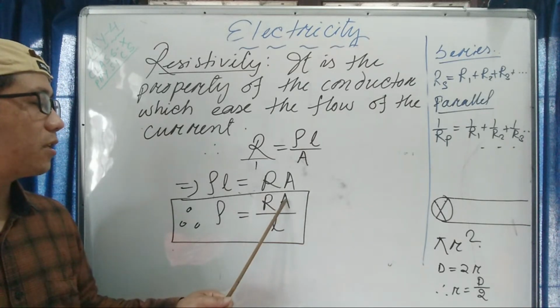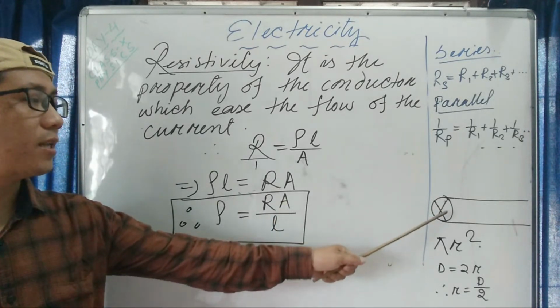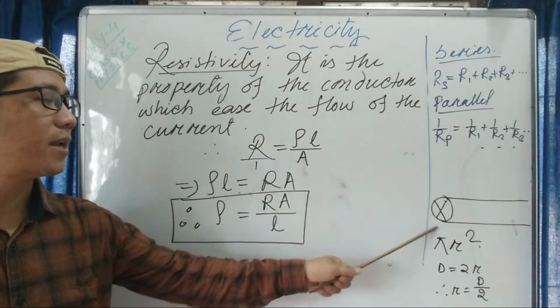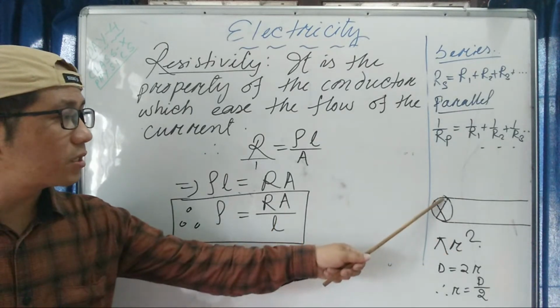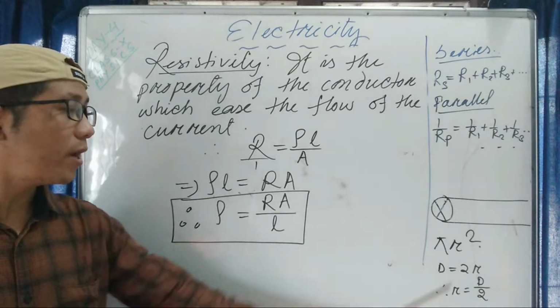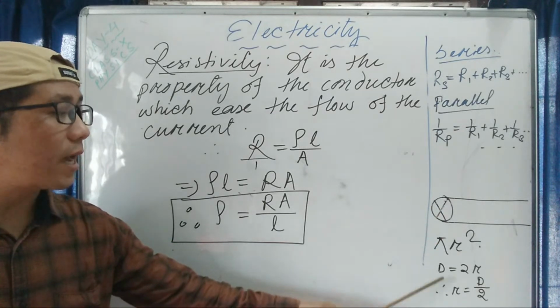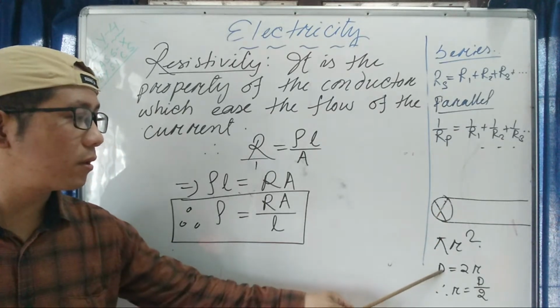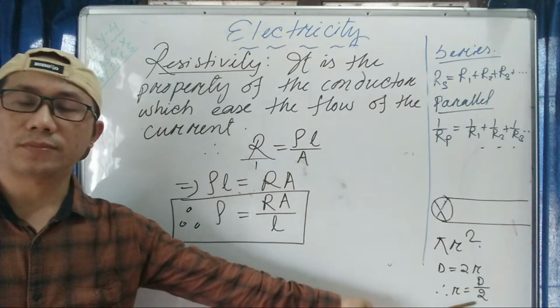And instead of area, sometimes they can give, because I already told you it is the cross-sectional area, we find the area of the circle, that is pi r square. Instead of the radius, they can give the diameter. When it gives the diameter, we use the formula: diameter is equal to twice the radius, then r is equal to d by 2.